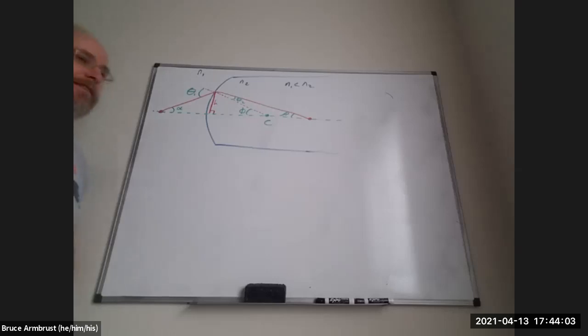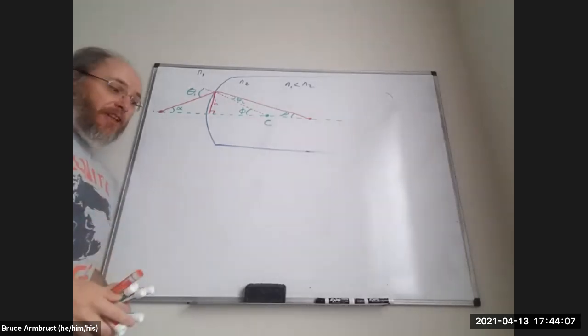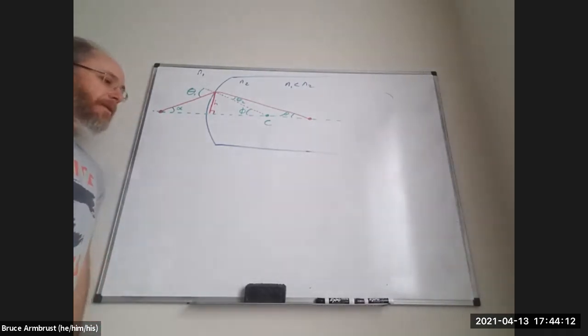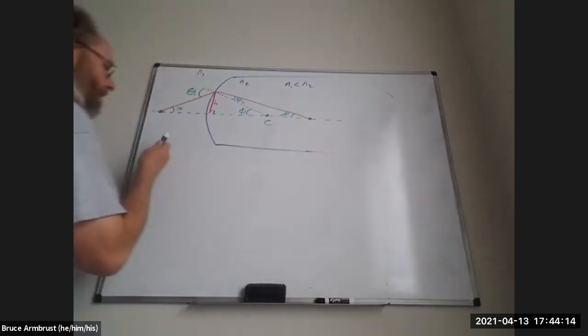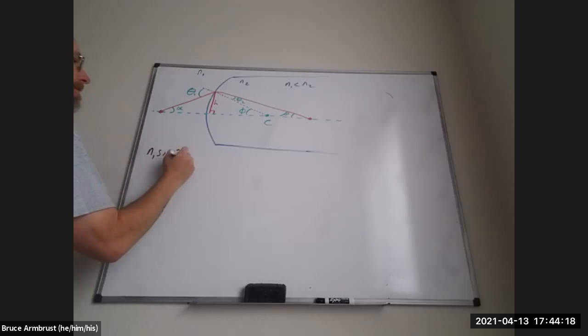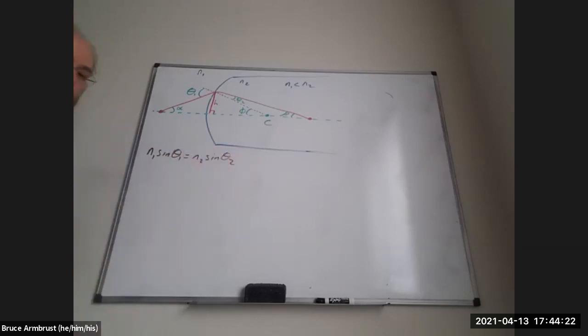All right, well, let's have some fun. We're going to start with Snell's law. All right, so according to Snell's law, we've got n1 sine theta 1 is equal to n2 sine theta 2.